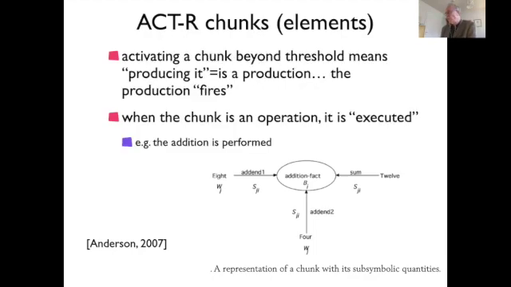So when you activate a chunk beyond a threshold, that was kind of a neural idea here, then whatever that chunk stands for is brought about. When they say it's produced, it's a production, or the production fires, as they say. And so whatever it stands for becomes effective. For instance, if it's an operation like addition, then the addition is performed.